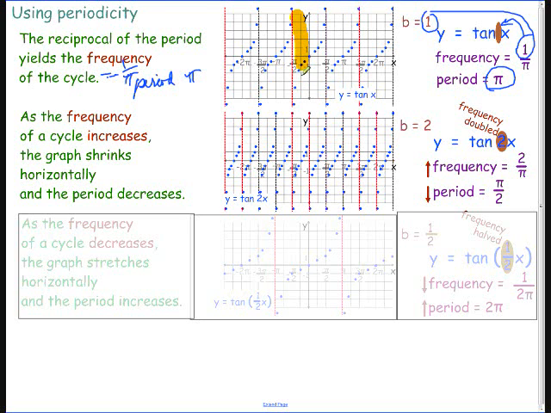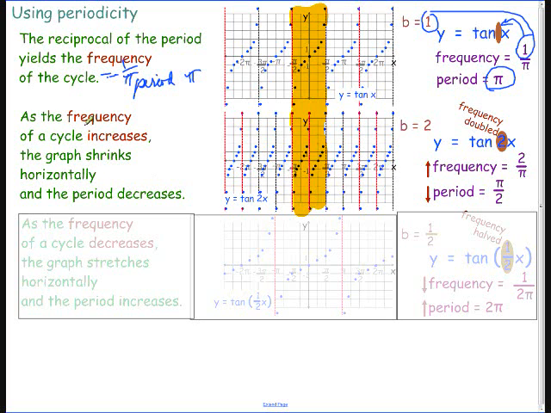If we look at the parent, which had a frequency of 1 per pi, now we're looking at a frequency of 2 per pi, right?